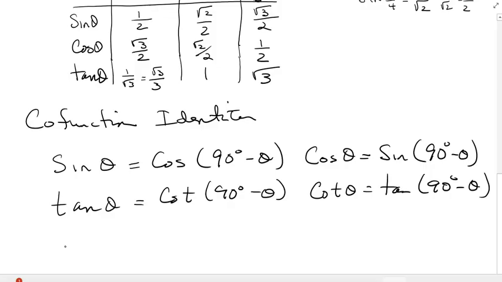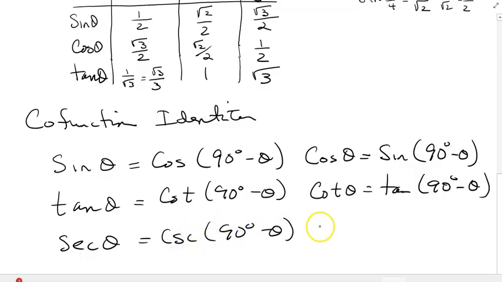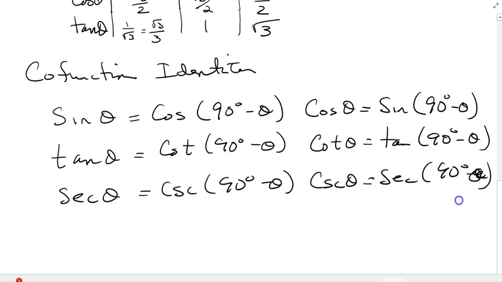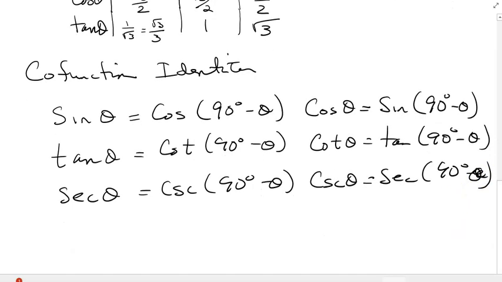So sine and cosine certainly do have a relationship. They have a cofunction relationship. So this little relationship can come in handy at different times.